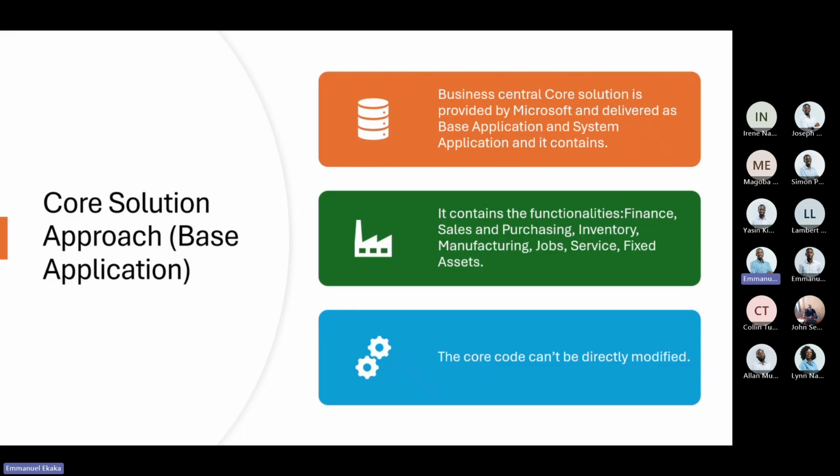There are those small things in there. For example, contacts are part of sales and purchasing. There are very many that may not have been mentioned, but they are part of whatever is listed here. Like under finance, there are a number of other small modules in there.